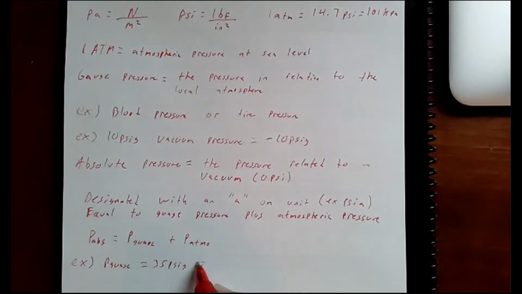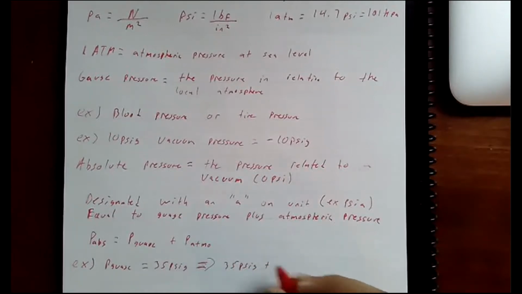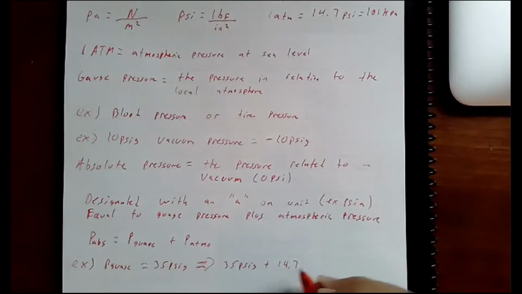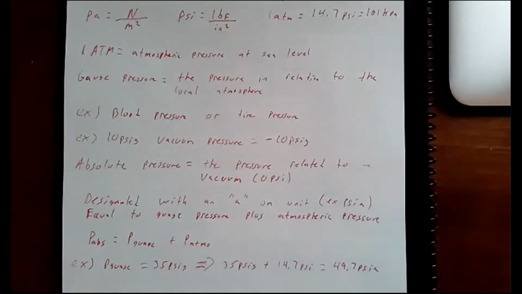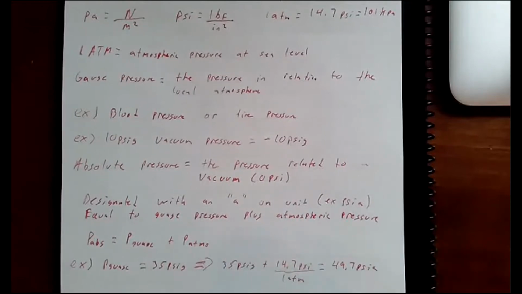That would imply that we have 35 psig plus 14.7 psi, because that's one atmosphere. So that would be equal to 49.7 psia. So if I want to change it to absolute, and if we're just talking about a regular atmosphere, right, just add one atmosphere, to get your absolute.